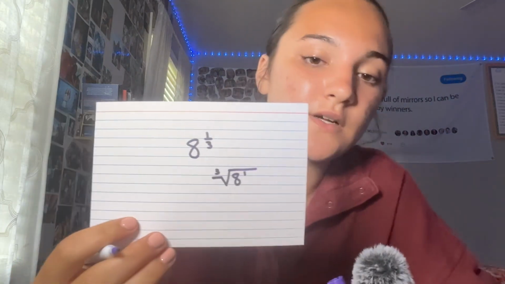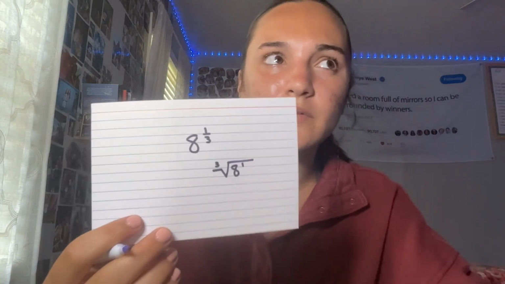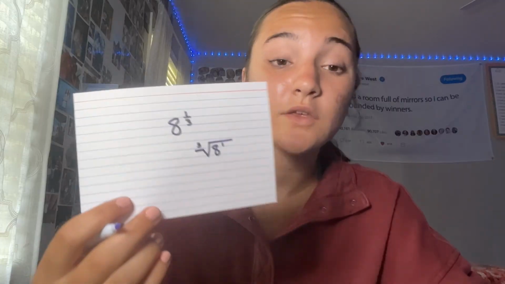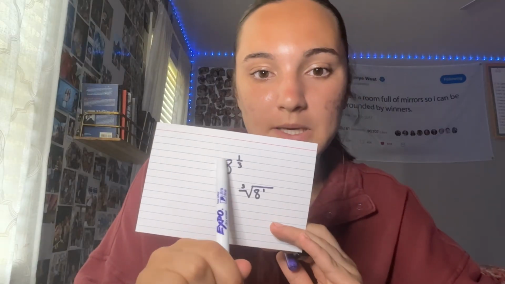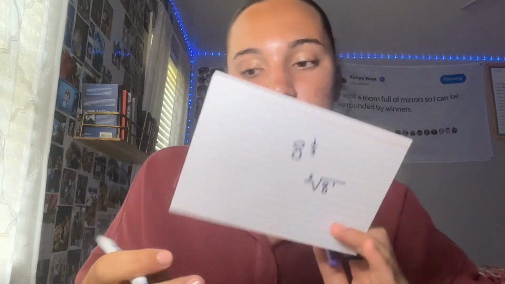So this would be written as the cubed root of 8 to the first power. So you just go in a little triangle. So that's not hard.